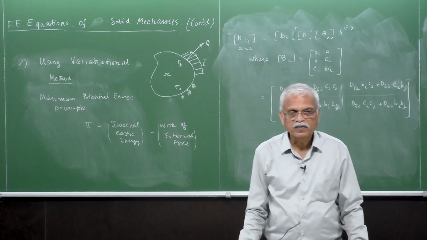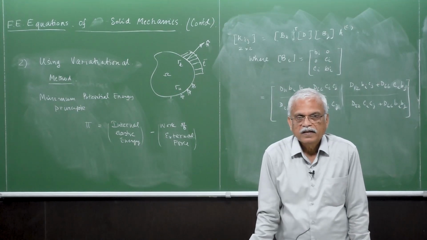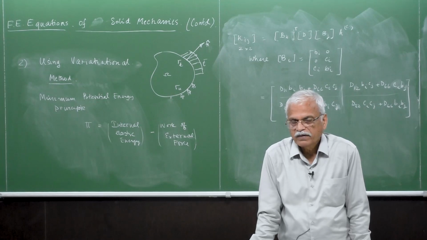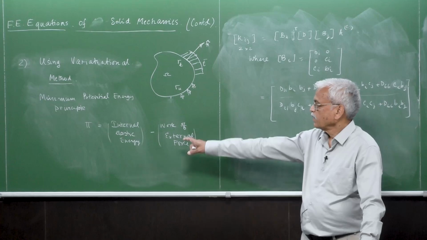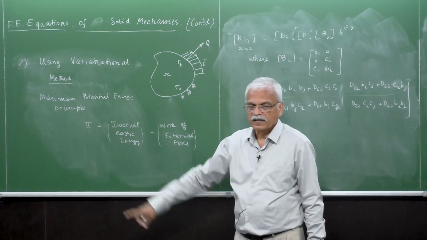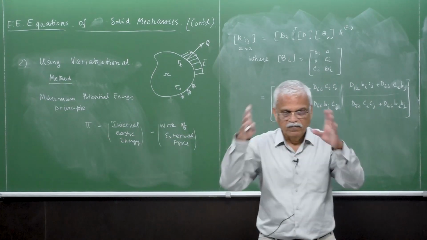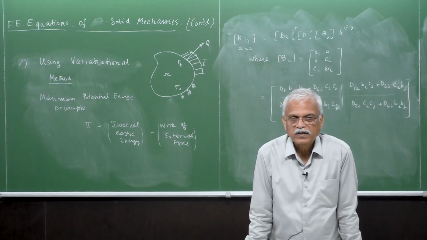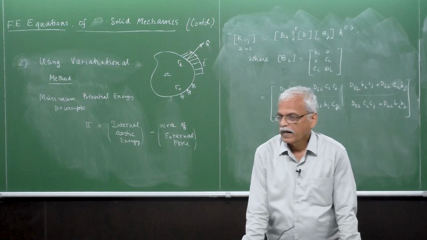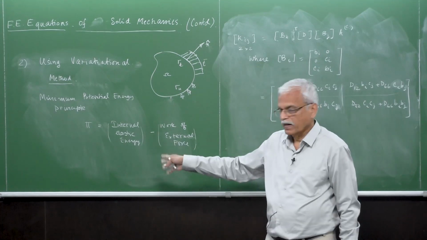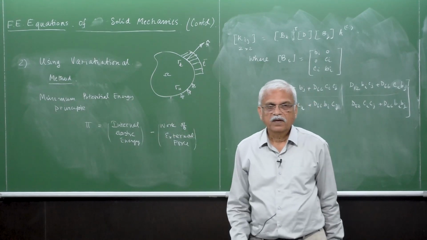So the principle says that at the point of equilibrium, the potential energy of the body as a whole will assume a minimum value, right? And that minimum value is of course subject to certain boundary conditions.